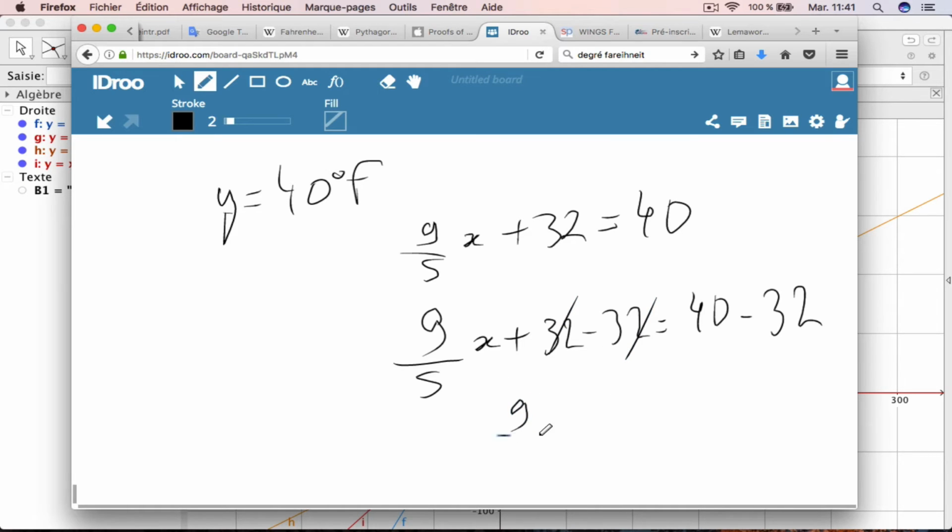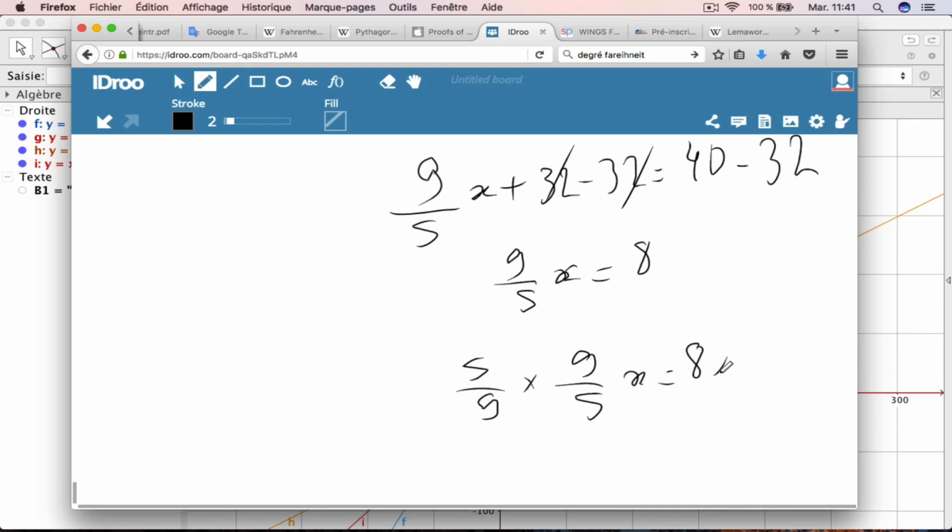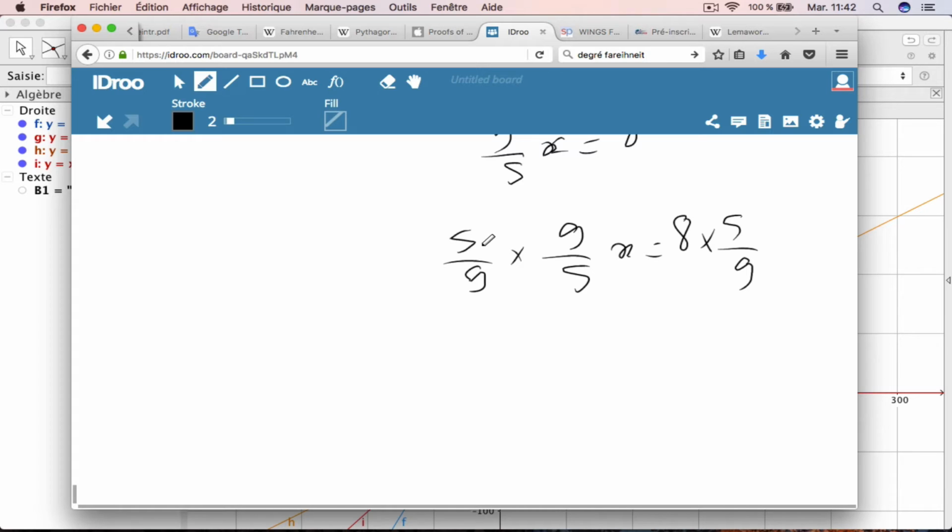Okay, we've got 9 on 5 times x equals 8. So now we have to cancel this, and to cancel this, we have to multiply by 5 and divide by 9. So we cancel, and we've got x equals 40 on 9.